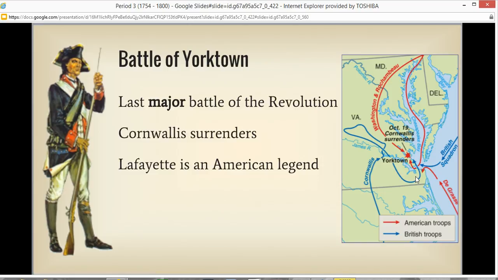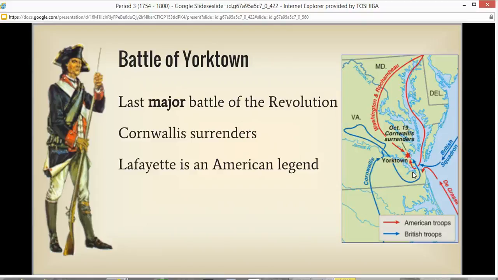Now Cornwallis is right here indicated in the blue, right? And he is going to be held up by Marquis de Lafayette, who is the namesake of a town in Louisiana. Lafayette is a French military leader. He's considered actually an American hero.